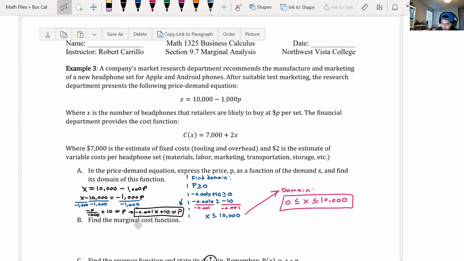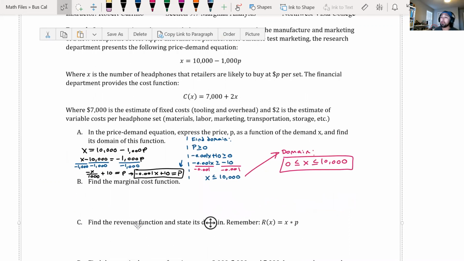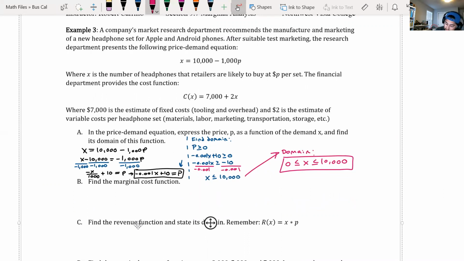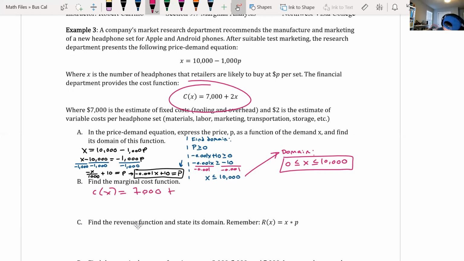Okay. And now next, B says find the marginal cost function. So what we're going to do is take this cost function and find the derivative. So here, just to have it, I'll write the cost function, C of x equals 7,000 plus 2x.